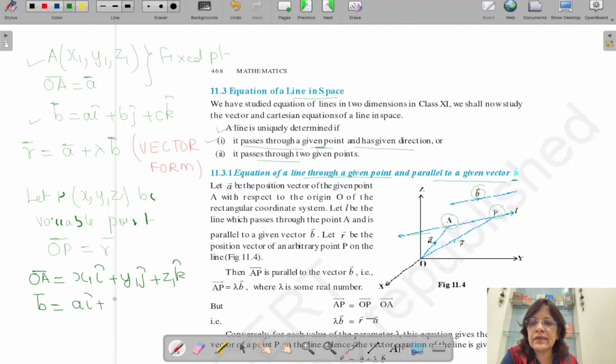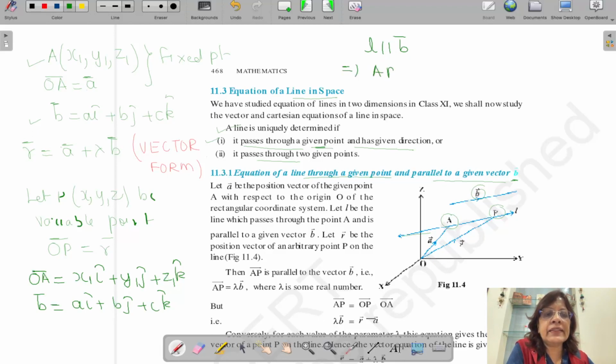ai plus bj plus ck. Now see in the figure that line L is parallel to vector B. This implies a portion of the line, that is AP, will also be parallel to vector B. AP is a portion of the line, see in the figure.